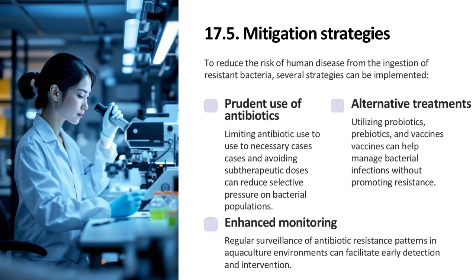Alternative treatments: utilizing probiotics and vaccines can help manage bacterial infections without promoting resistance. Enhanced monitoring: regular surveillance of antibiotic resistance patterns in aquaculture environments can facilitate early detection and intervention.